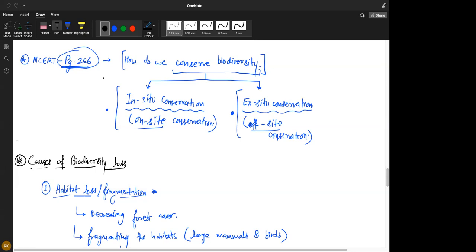Can you see there are in situ conservation and ex situ conservation methods mentioned there? Yes. Okay.